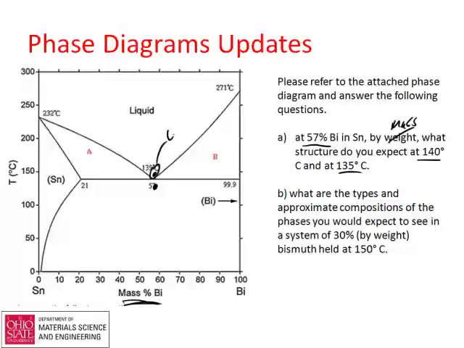This is all liquid. And if you get just a few degrees below this, this is a mixture of two solids. A tin-rich solid with that composition and a bismuth-rich composition that has almost no tin in it. It's a lot like water excluding salt when it forms ice. You have almost no tin in the bismuth-rich solution.